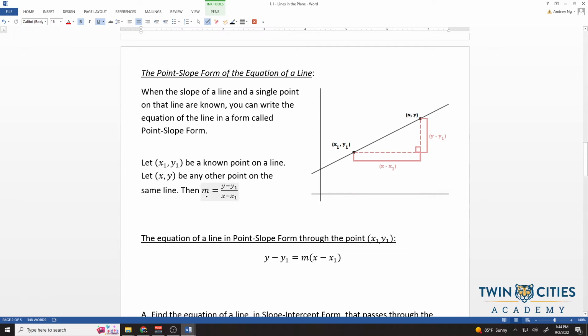So your slope is m equals y minus y1 over x minus x1. But if I multiply both sides by x minus x1, then I get m times x minus x1 on one side equals y minus y1 on the other side. That's actually what point-slope form is. y minus y1 equals m times the quantity x minus x1. So that's where this is derived from, using the definition of a slope.